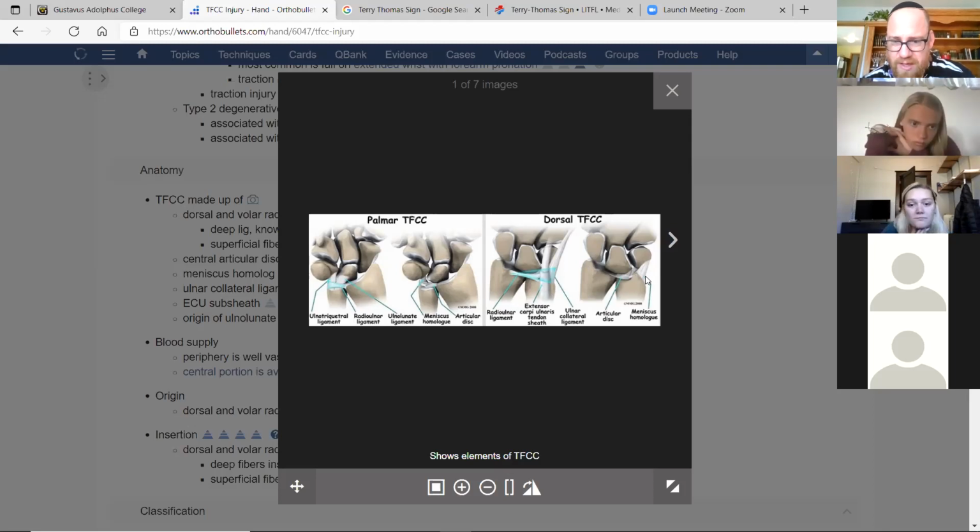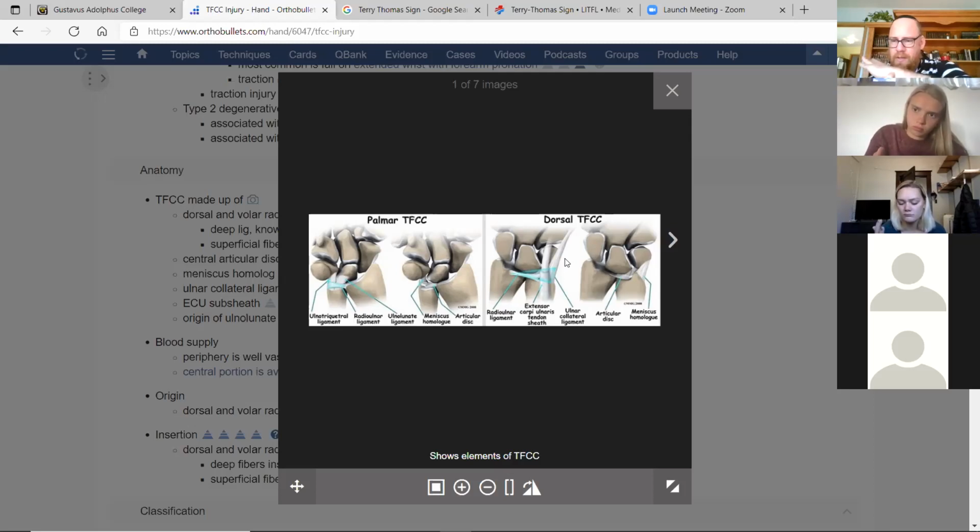Within that articular disc, there are ligaments that connect the ulna to the triquetrum. The ulnar styloid, we palpated that yesterday. There are ligaments that connect the ulna to the triquetrum, and not only that, on the other side of the TFCC is the extensor carpi ulnaris tendon. If you find the hook of your hamate and then drop in a little bit on the palmar aspect, you're going to feel your ECU tendon right here.